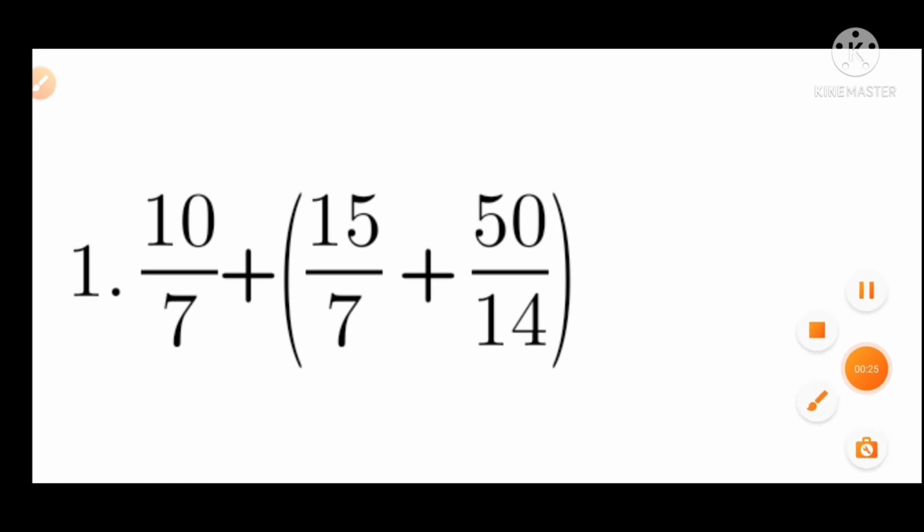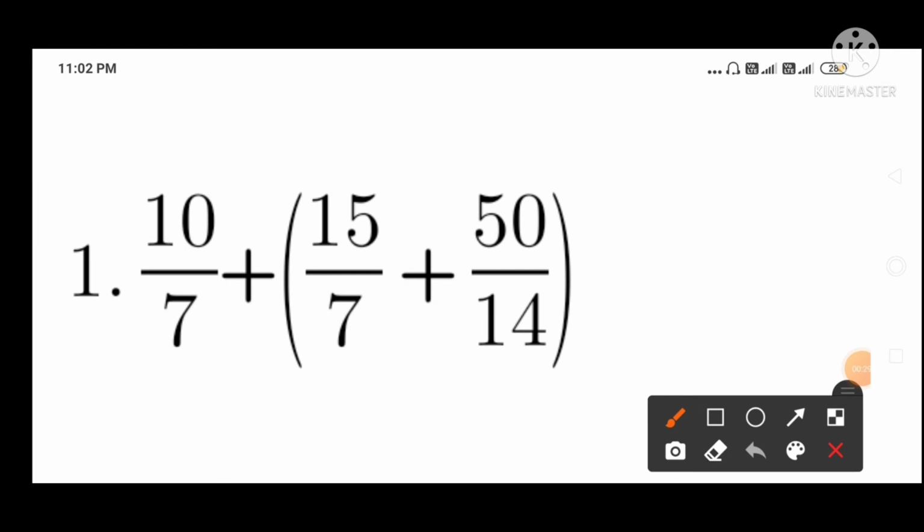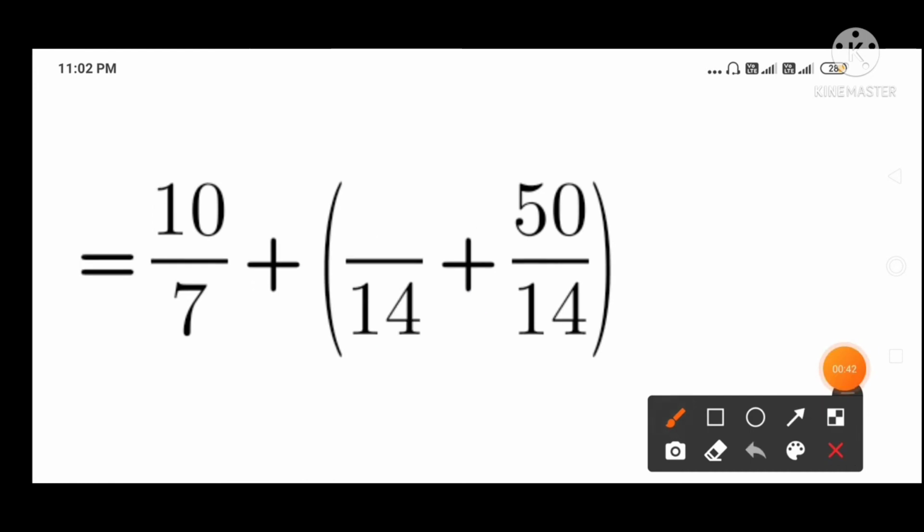To make the denominator equal, I multiply 15 upon 7 by 2, that is 7 into 2 and 15 into 2. That gives us 30 upon 14. Therefore, I write here 30 upon 14.